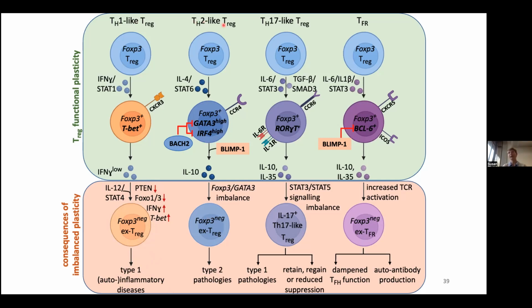The Th2-like Treg are a little bit more complex because GATA3 and IRF4 are generally expressed by Treg, also required for a Treg phenotype. This expression is independent of IL4 and STAT6, but once they cross a certain threshold and are highly expressed, then they turn on the Th2 transcriptional pattern and become Th2-like Treg. And if this balance between FOXP3 and GATA3 is not correct, then this results in X-Treg.